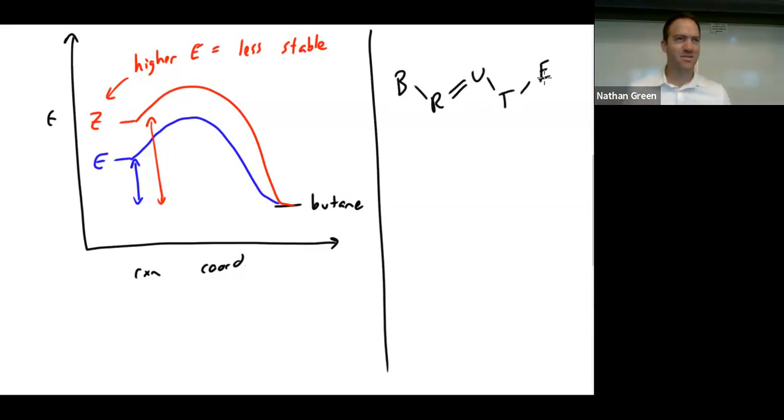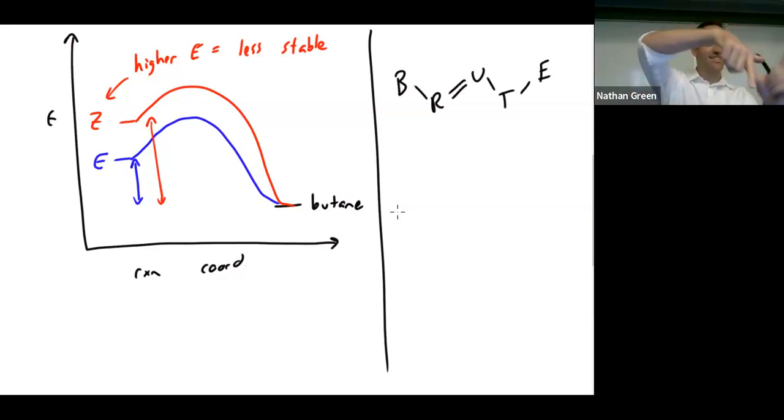What's the name of that molecule? Okay, so it's got a double bond. Is the double bond E or Z? It's E, right?